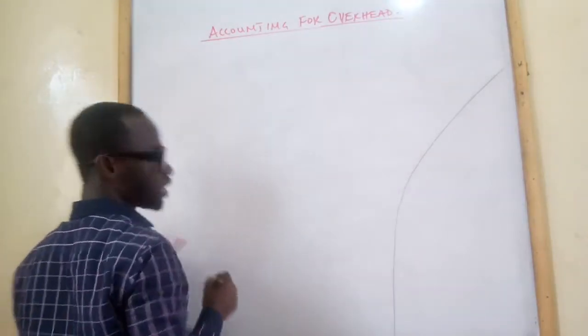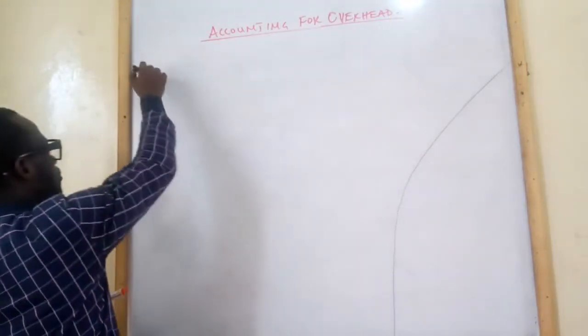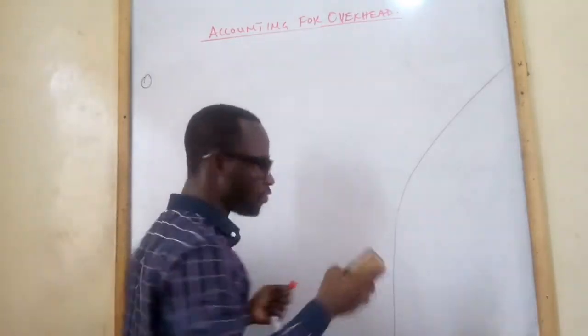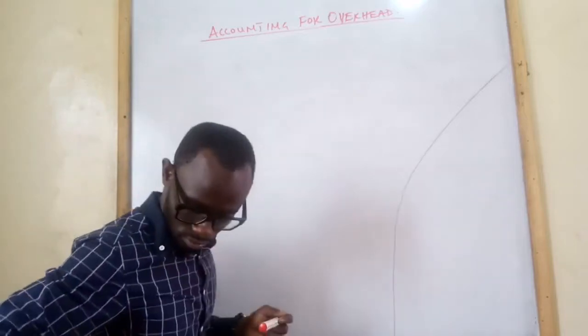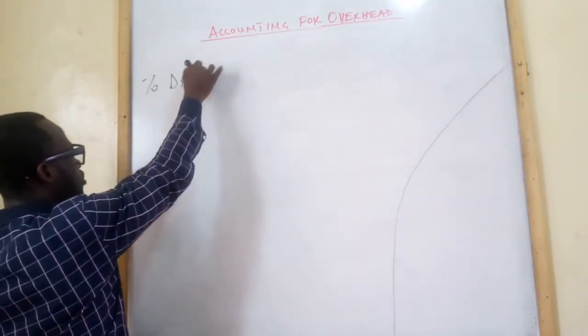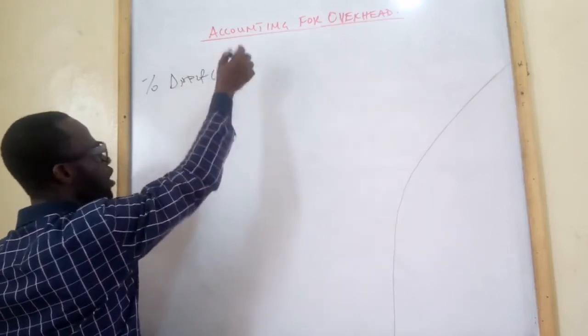We have the calculating the overhead absorption rate as a percentage of direct cost. So we're going to calculate the percentage direct cost rate.